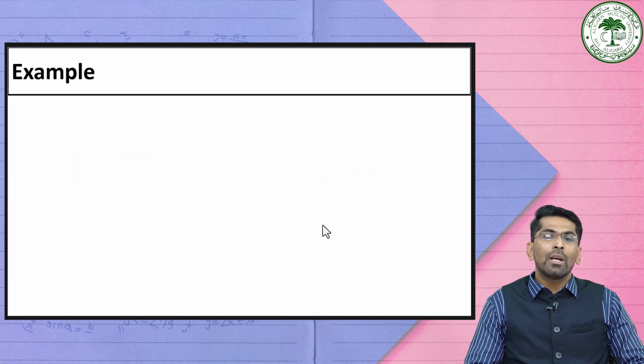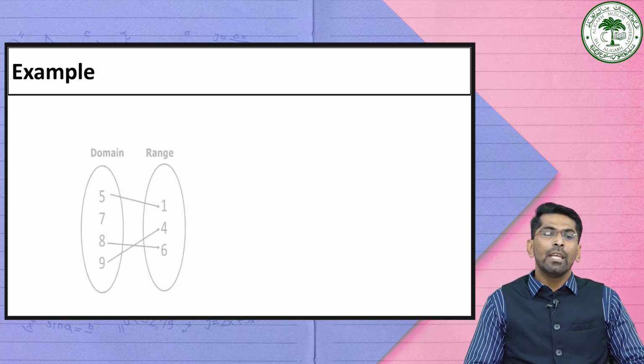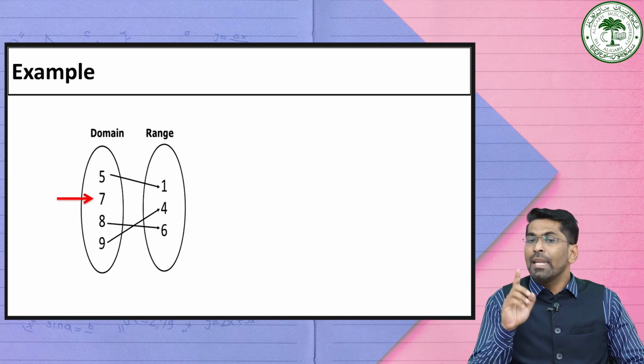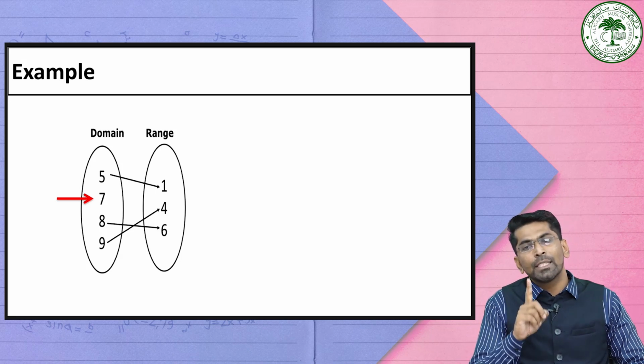Okay. Now consider another example using the following mapping diagram. See, is it a relation or a function? The element 7 in the domain is not paired with any element in the range. In a function, as we already said, every element in the domain must have a corresponding element in the range.